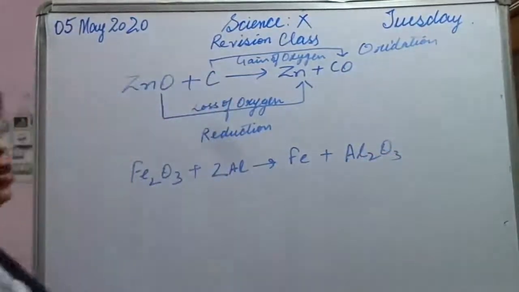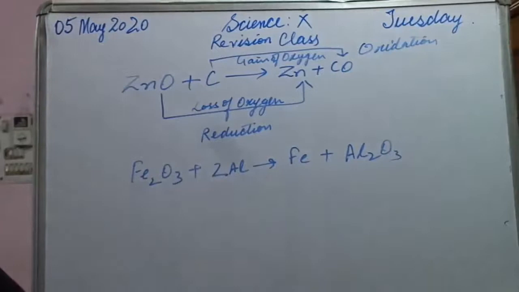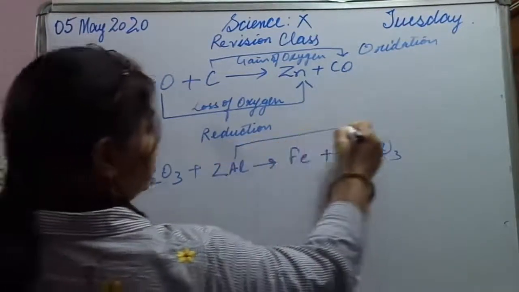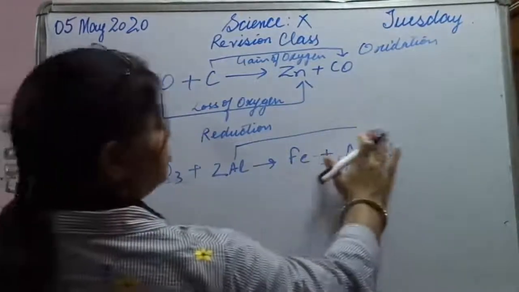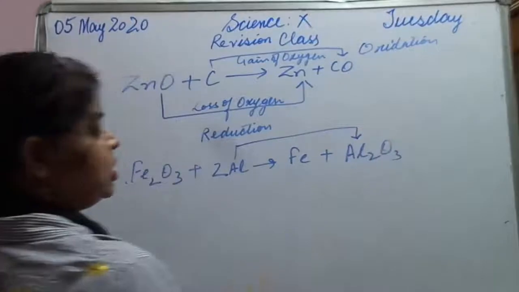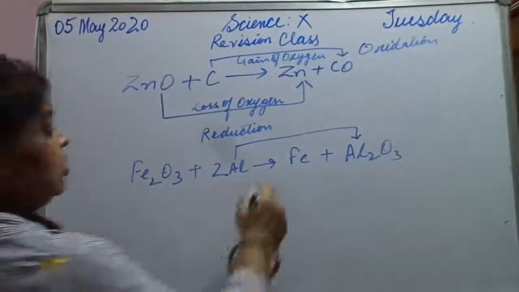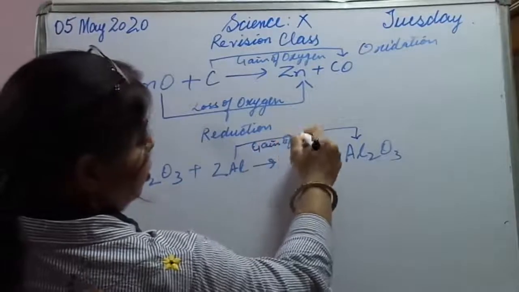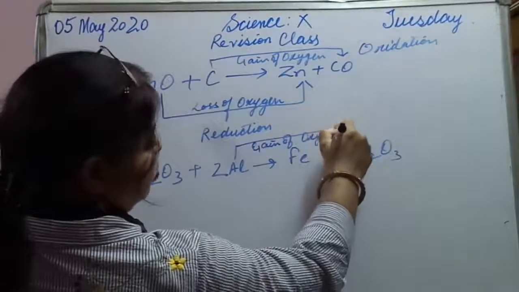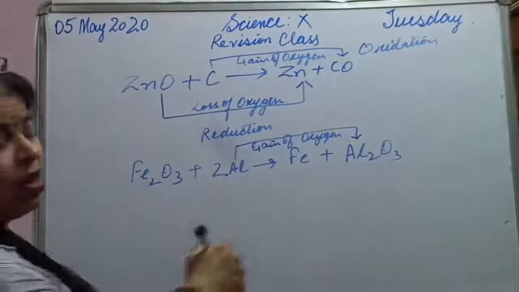Now can you see where the oxygen is being removed and where it is being gained? Oxidation is taking place. Gain of oxygen is oxidation.